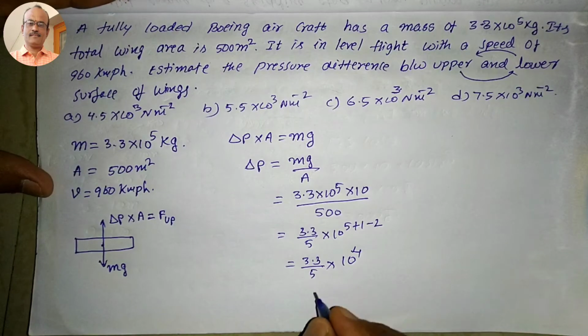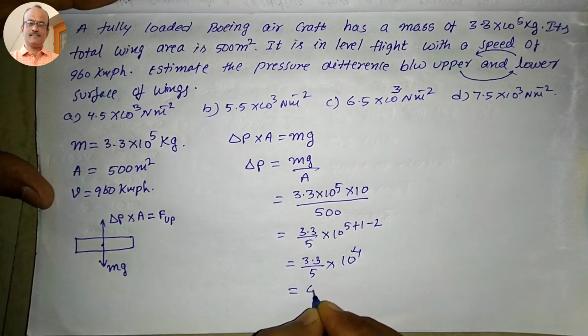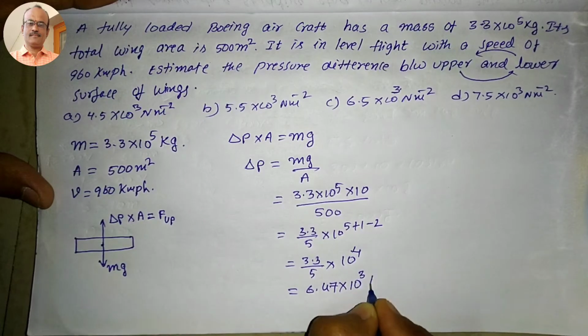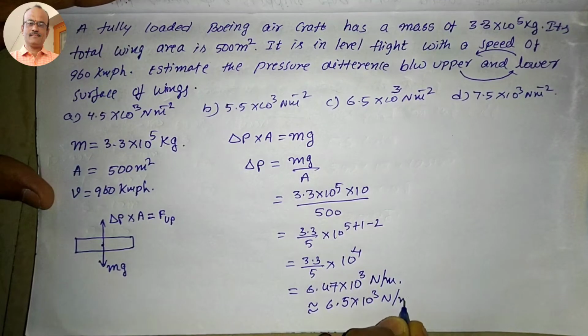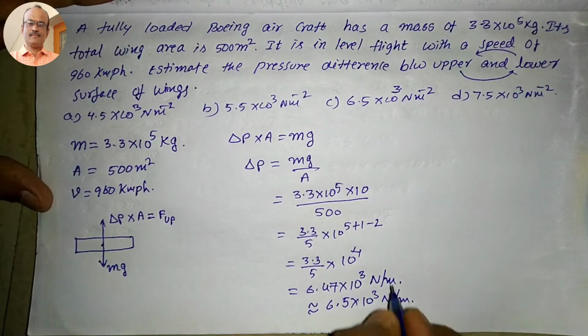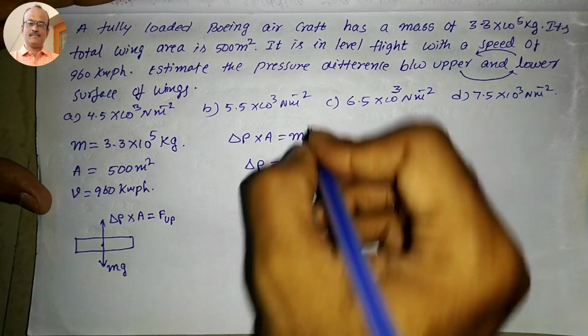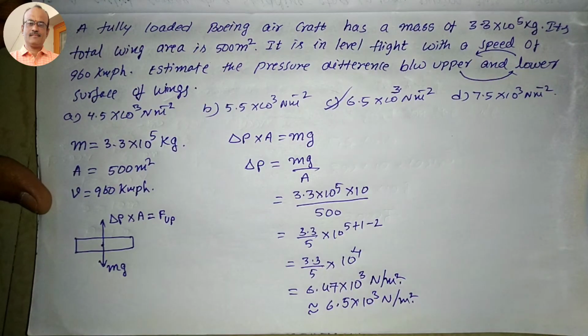On simplification, we are getting 6.47 × 10^3 Newton per meter square. Or otherwise, nearly I will write 6.5 × 10^3 N/m². So which option is correct among all these? 6.5 × 10^3 N/m², so option C is correct.